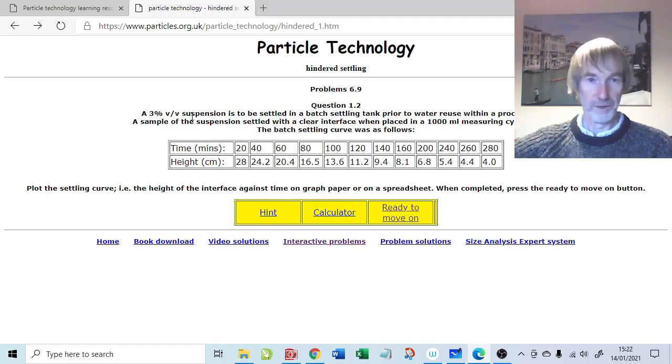And this basically just goes back to saying there's a 3% suspension to be settled in a tank. Here is the settling data, having taken a sample of this material and settled it in a 1 litre measuring cylinder. Okay, so it's settling in a 1 litre measuring cylinder. Here is the height against time data.